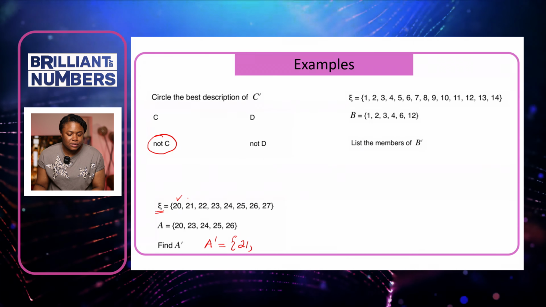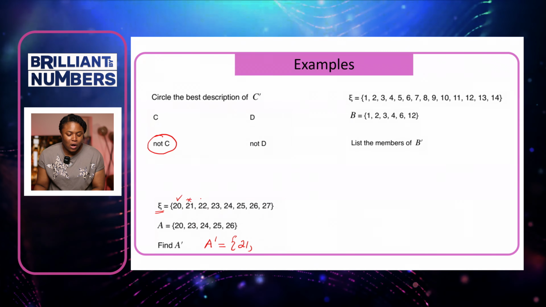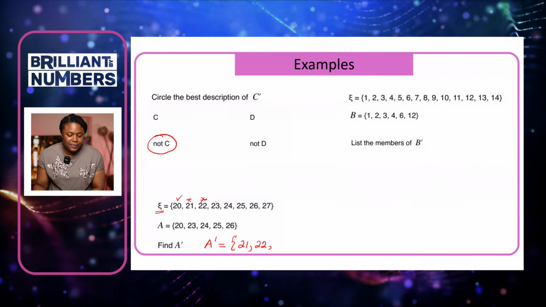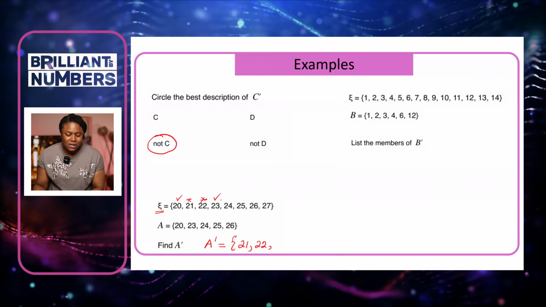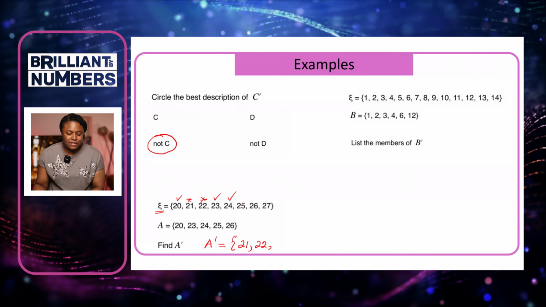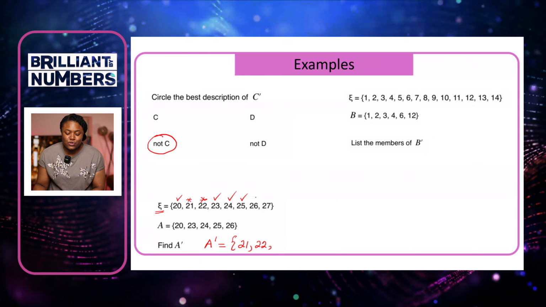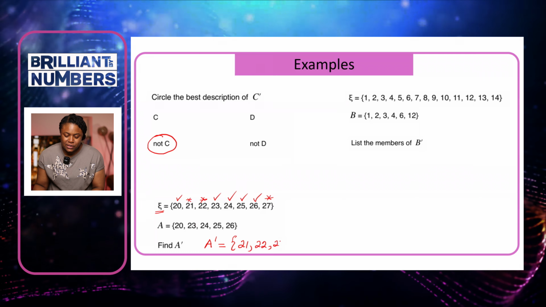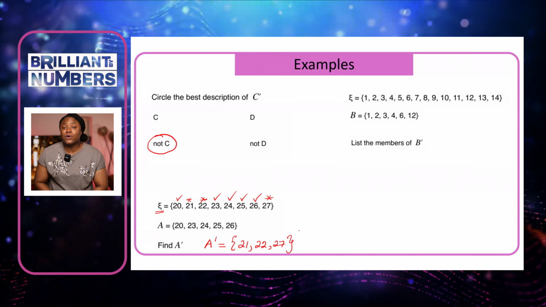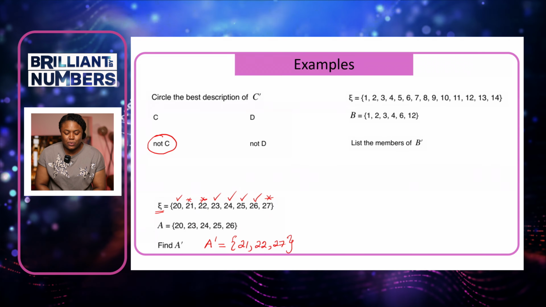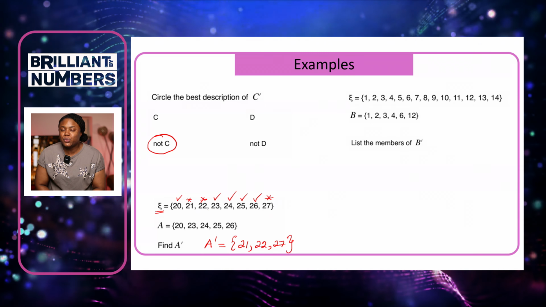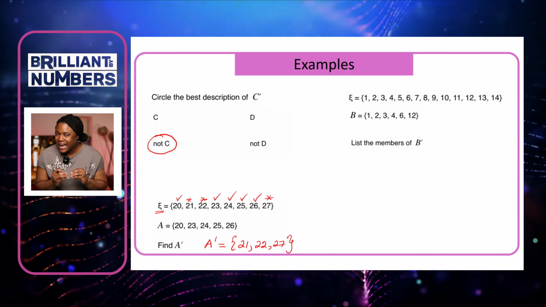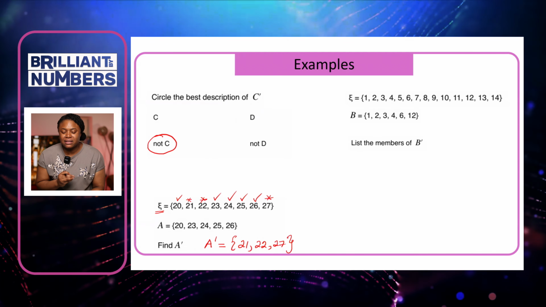Let's put a star there. 22 is also not in our set, so that's a part of the complement. 23 is in our set, so we don't need that. 24 is also in our set, 25 is in our set, and also 26. 27 is not a part of our set. Therefore, A complement is 21, 22, and 27. All the elements that are not in A make up A complement.